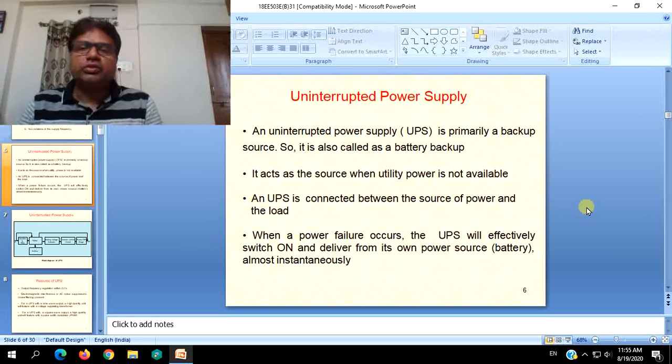Instantaneously means there should not be a longer gap between the time of source shutdown and the UPS switching on. The time delay should be as small as possible, of the order of nanoseconds to microseconds, for proper operation of the critical loads which we have discussed.